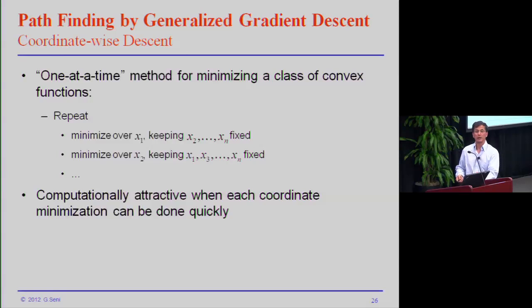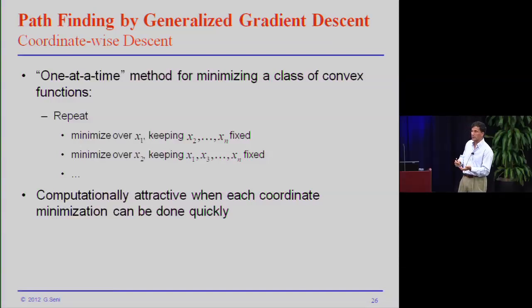Like in one step? We'll see that the operations that are required to do that minimization are like dot products or something very, very simple. And we'll see in the next slide that, for instance, when the loss is a square error loss and the penalty is elastic net, it happens to be that way.